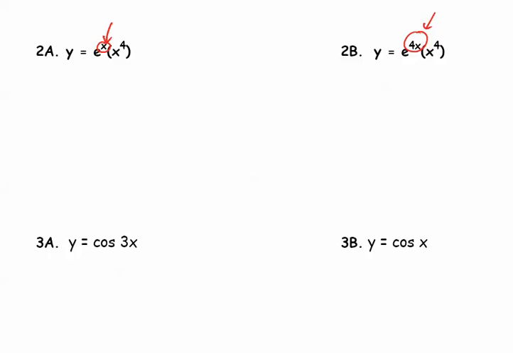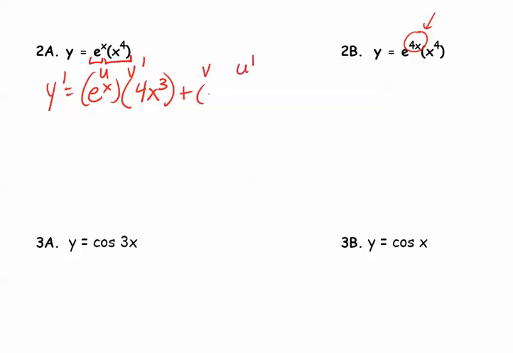So both of these require a product rule, however. So we're going to take the first term times the derivative of the second term. So the first term, that's our u, and then we've got to do our v prime, and the derivative of that second term there is 4x to the third, plus our v term times u prime.